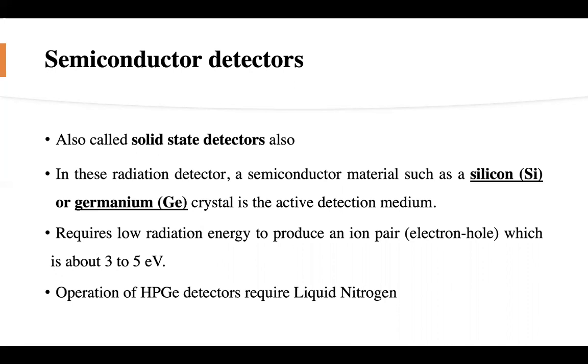Here we replace the gas with solid state material, silicon or germanium. It requires low radiation energy to produce an ion pair, electron holes in this case, which is about 3 to 5 electron volt. I think maybe you will be asked about it.